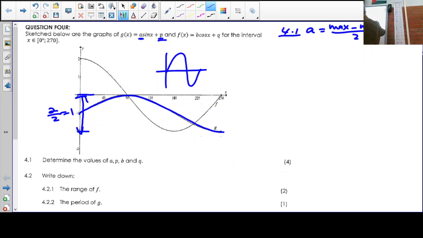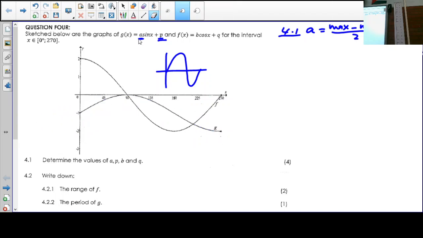So it's going to be 0 minus -2, which becomes +2 over 2 is 1. So your A value is 1. But if you could see it straight away, you don't have to write it down. Just write 1. So you'll only get the mark for A is 1. Any confusion there, people?